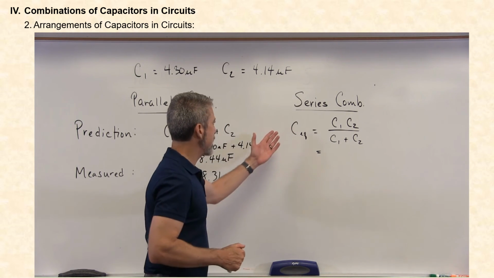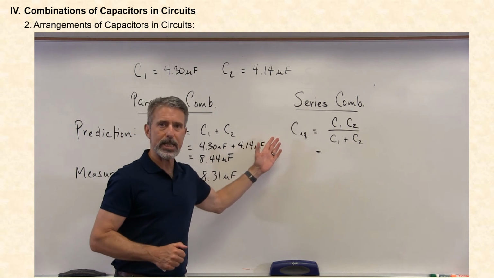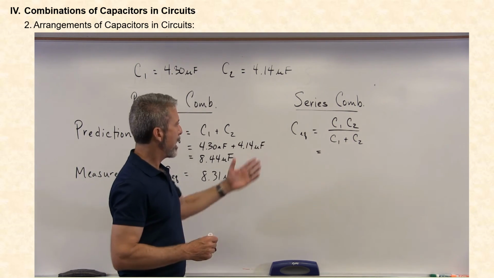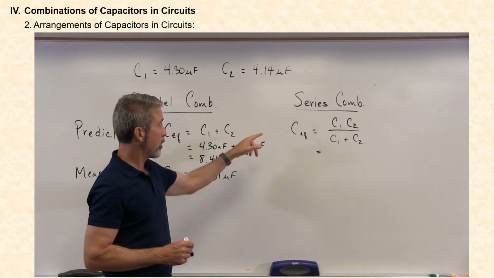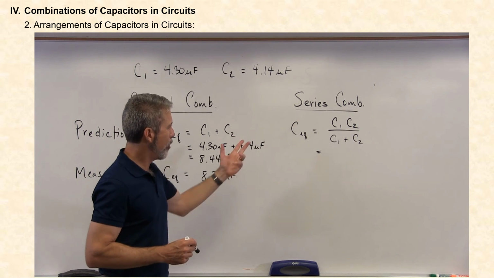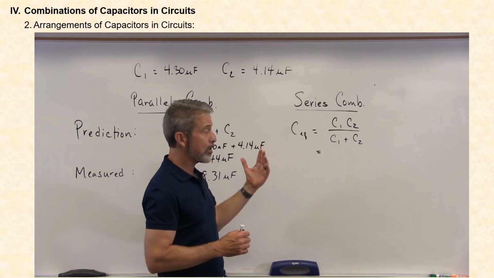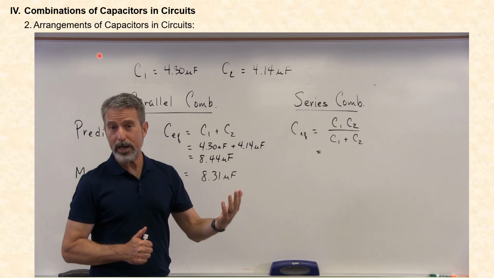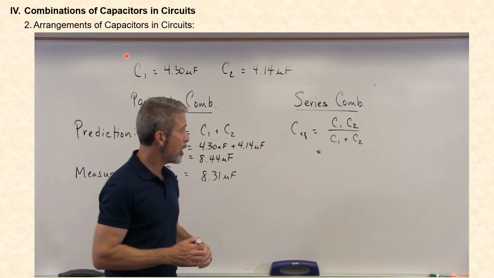And you recall that the calculation is slightly more complicated. But for two capacitors in a circuit, we have this handy-dandy formula here. We can say the equivalent capacitance is found by taking the product of the two capacitors divided by the sum.